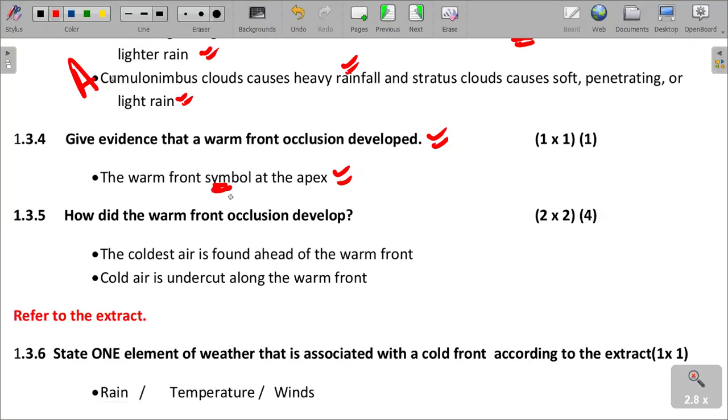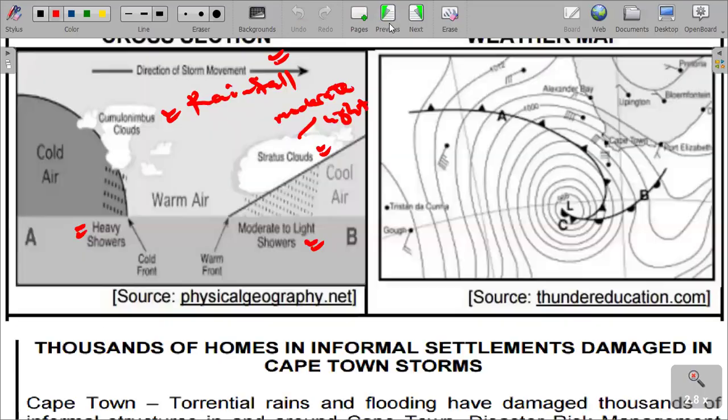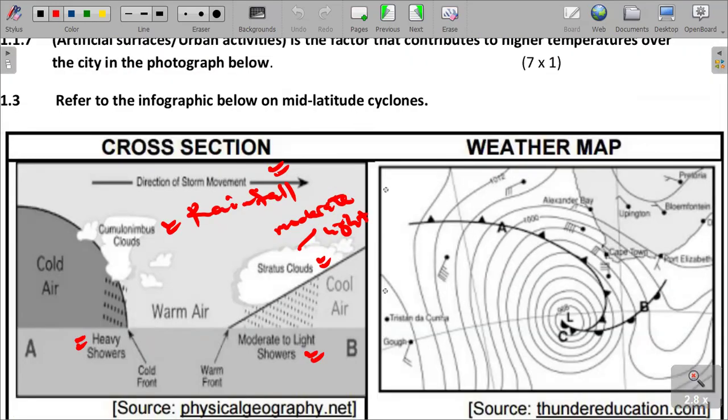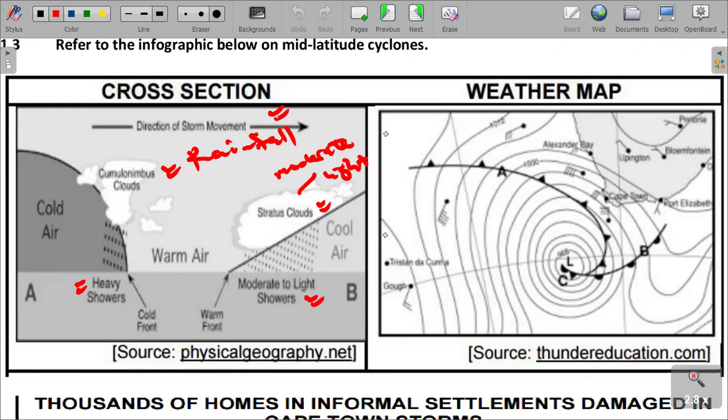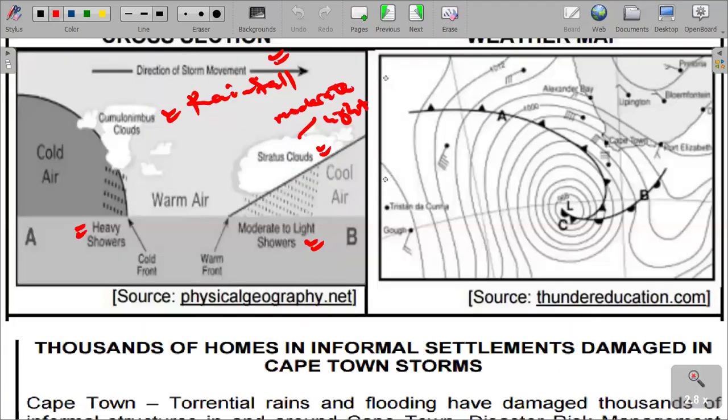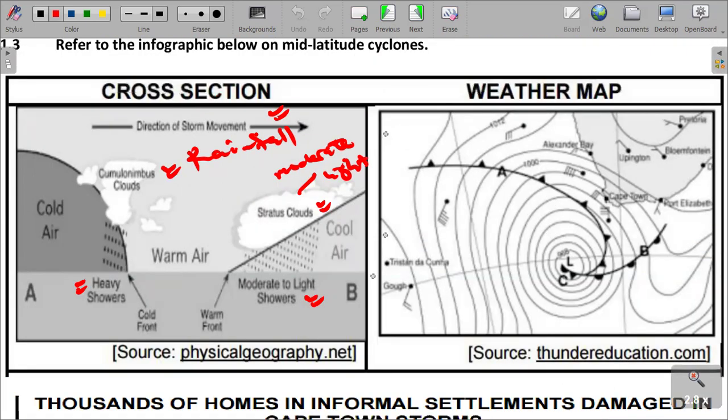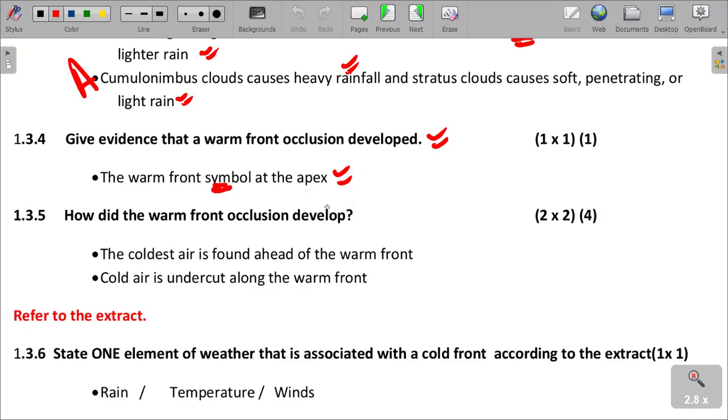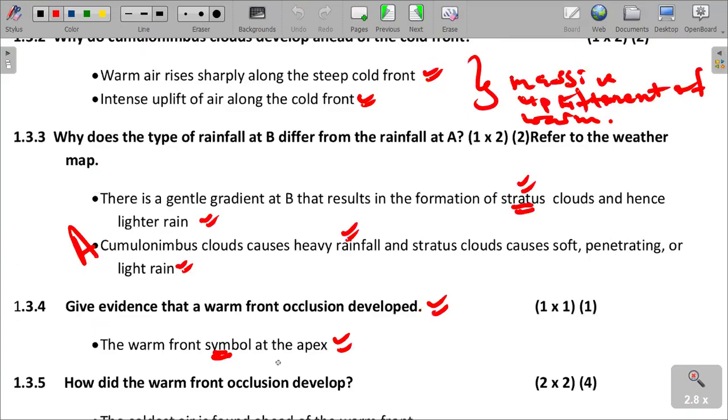We have the warm front symbol at the apex, at the top, which represents that there is a warm front occlusion taking place.